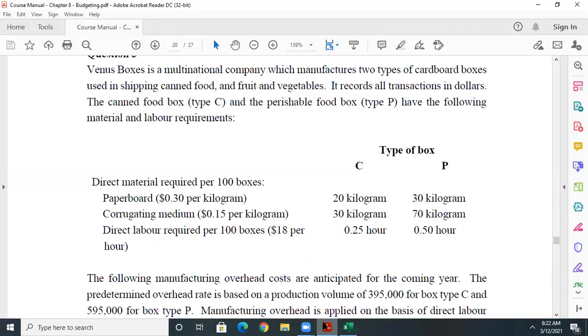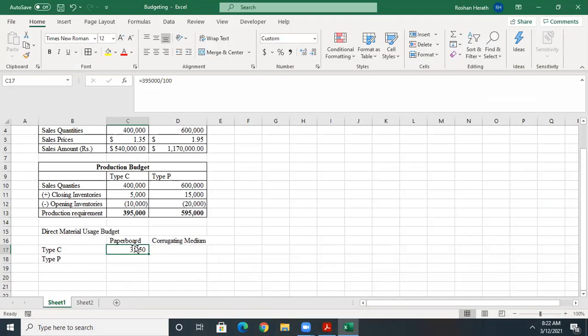Each takes 20 kilograms, so you need to multiply by 20. So it takes 79,000 kilograms.